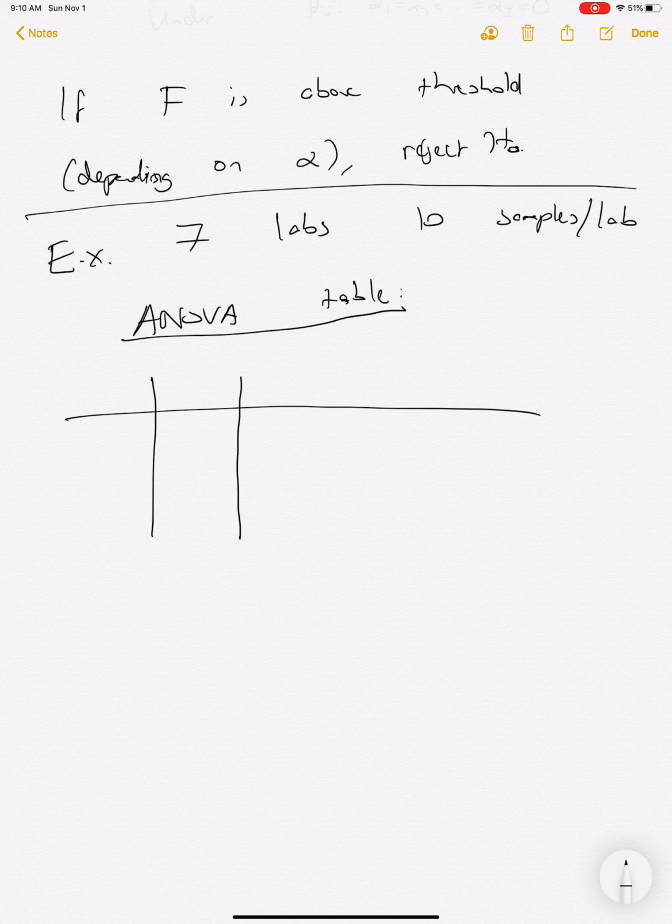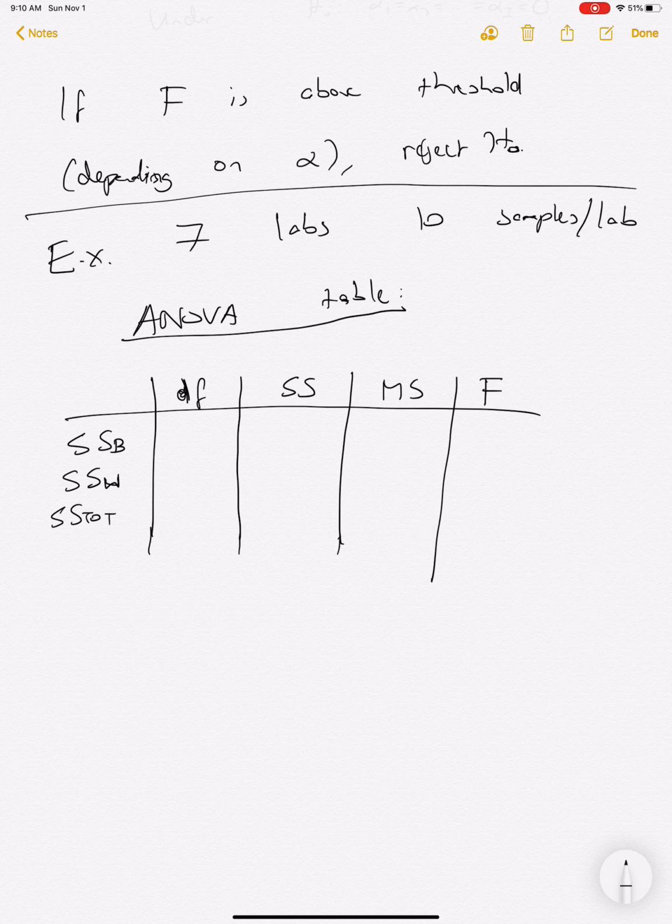This is going to have the SS between, the SS within, the SS total. We can also look at the degrees of freedom, the sum of squares, and then the mean squared, and then we're going to get the F statistic out of it.